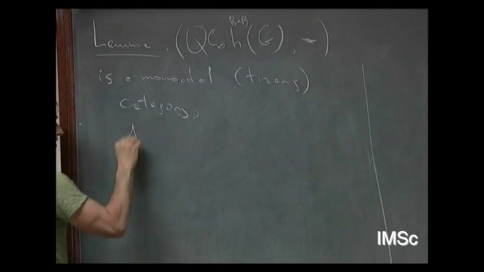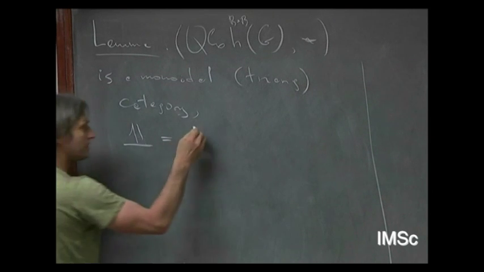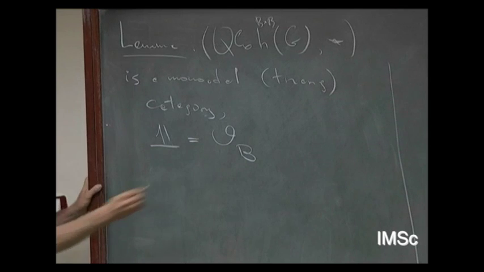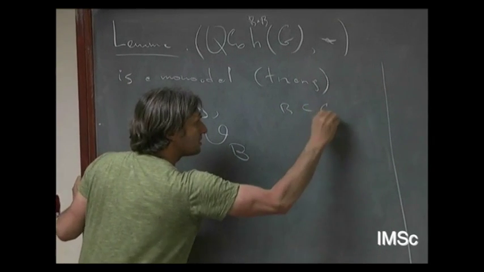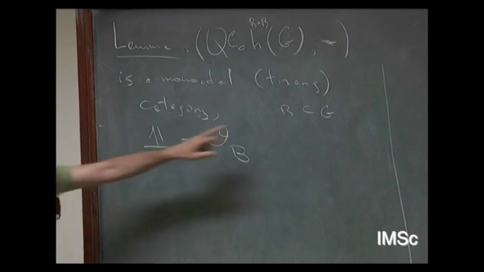And the unit object is, can you guess what is the unit object? It's just functions on B. So B sits inside G, so I can consider functions on B, and it is B bi-equivariant.